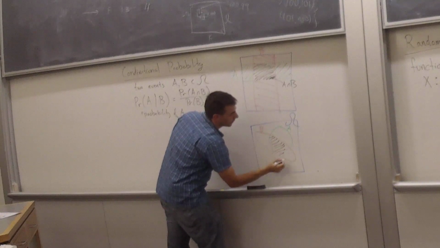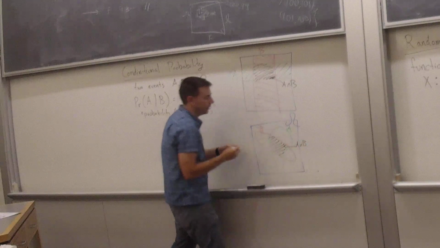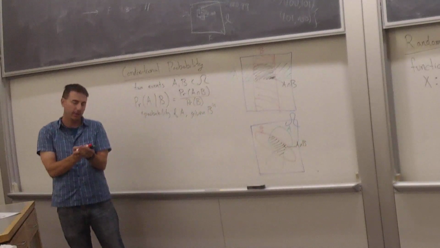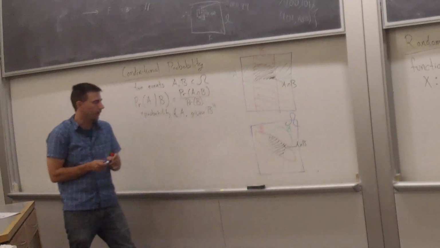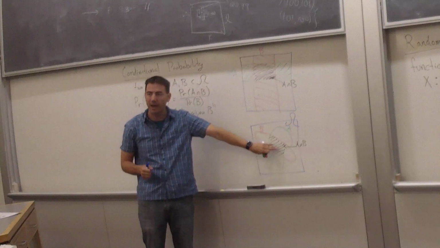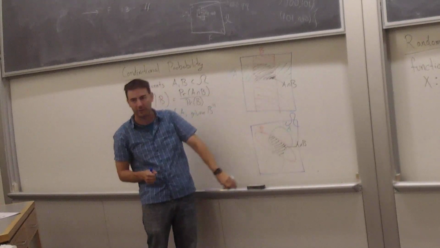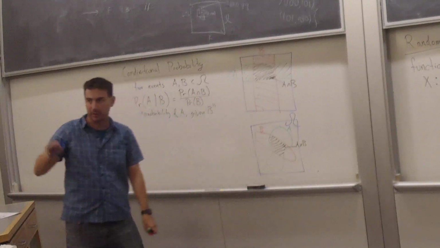This is A intersect B. I can also define the union of the two of them. I don't think I need the union for B. But then, it could be not nice either. This will be nice, not nice. Turns out this will be independent. This will be not independent.